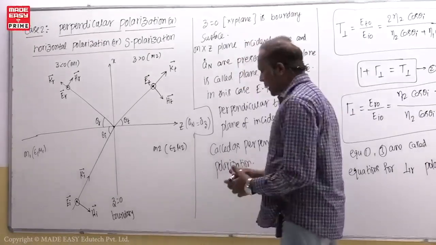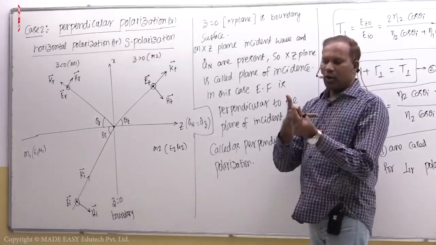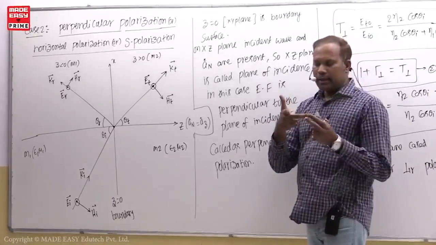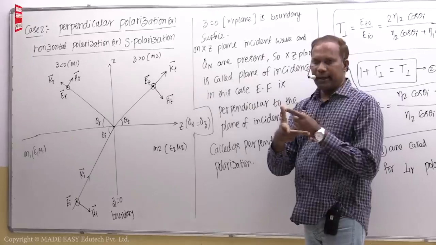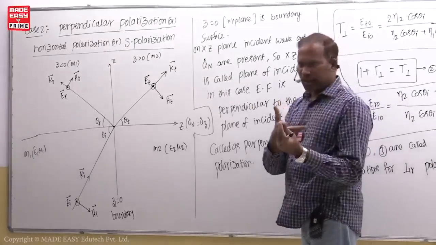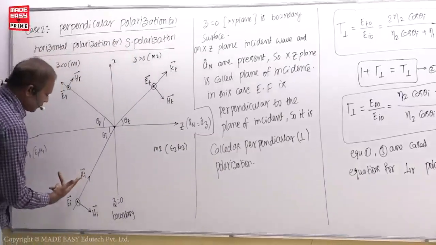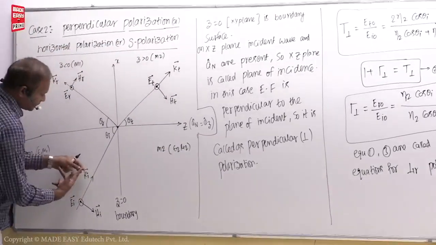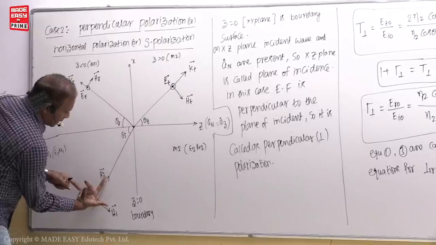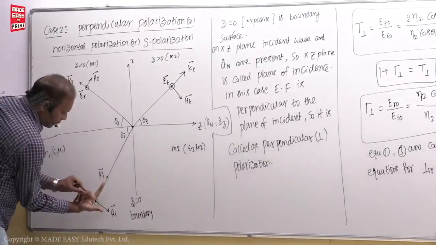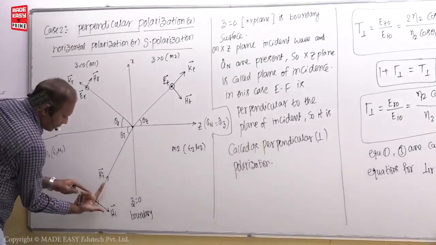Once again, I told you, if you take this as the wave propagation direction, then this is the electric field direction, this is the magnetic field direction. You can check here. This forefinger is out of the board, that is the electric field.